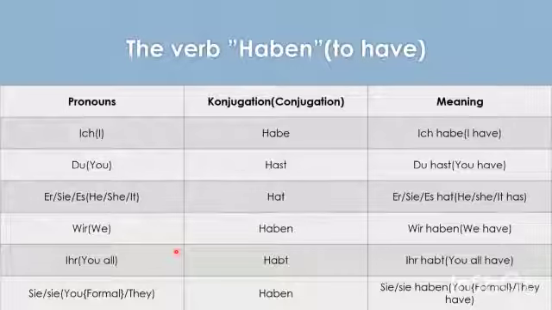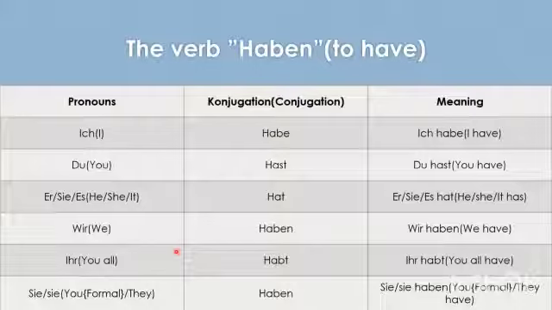Sie, es, that means he, she, it. The conjugation with er, sie, es is hat. The meaning of es hat is he, she, it has. For the pronoun wir, that means we.